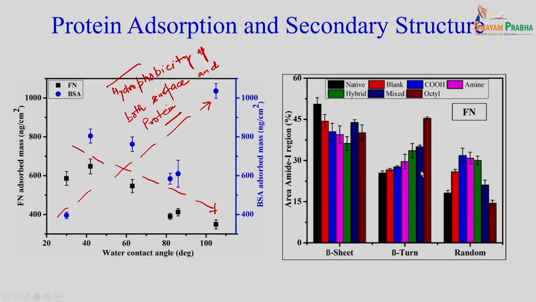These surfaces are organized with increase in hydrophobicity, starting with the blank surface, then COH, amine, hybrid surface, mixed surface, and the octyl surface. Particularly, it is interesting to see that the beta turn is increasing with increase in the surface hydrophobicity.